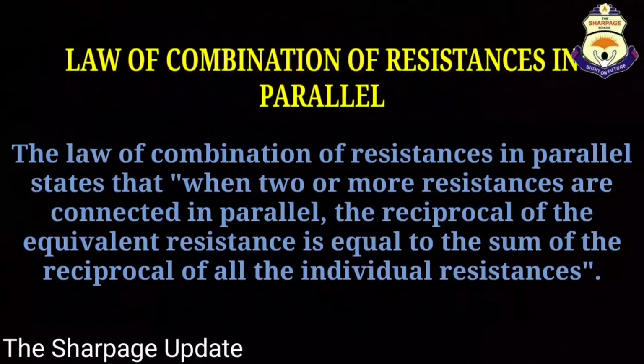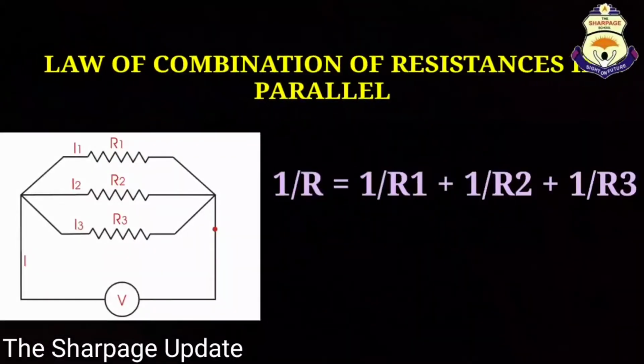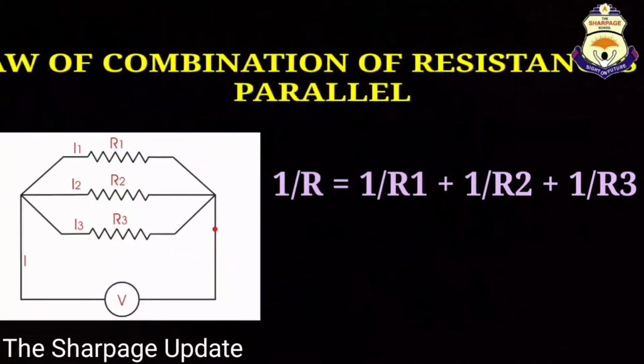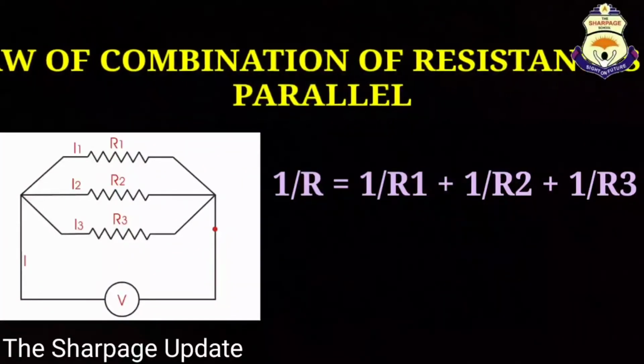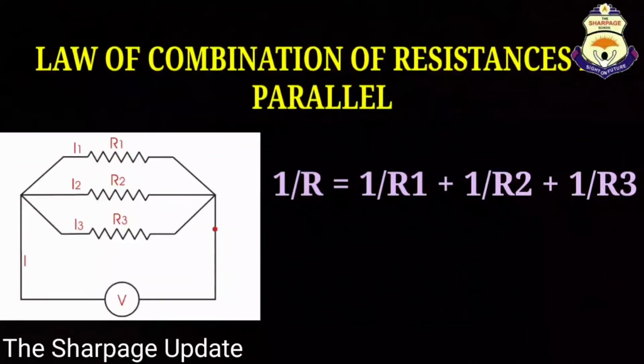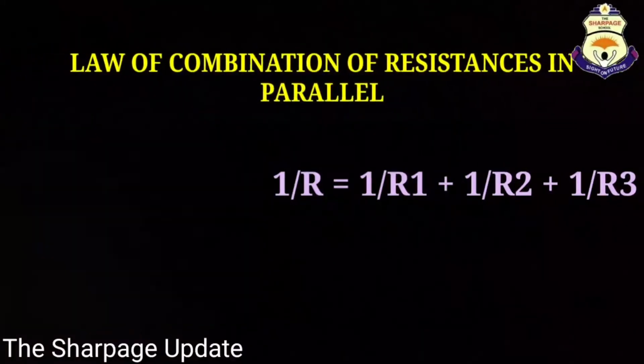So, if R1, R2 and R3 are combined in parallel, then the equivalent resistance R is given by 1 upon R equals 1 upon R1 plus 1 upon R2 plus 1 upon R3.